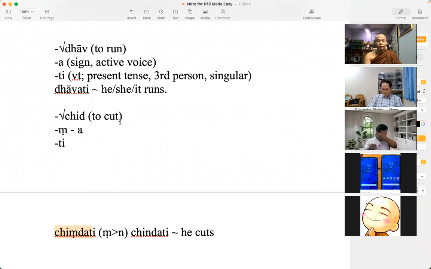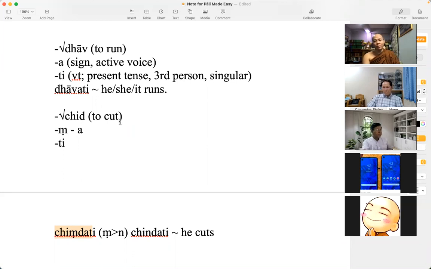So let's say that the conjugational sign's function is just to participate in order for us to form the verb, right? Right. So given that, how do we know which sign goes to which root? That is based on your familiarity with the Pali language. So there would be no regulations or rules or anything.